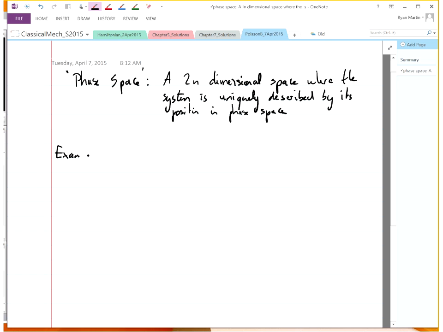So for example, for the simple harmonic oscillator, a one-dimensional simple harmonic oscillator has 1 degree of freedom, x, and so phase space has 2n dimensions, so it has 2 dimensions. The only time you can really draw it intelligibly is when there's only 1 degree of freedom.